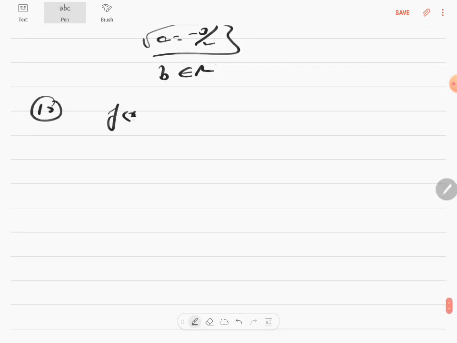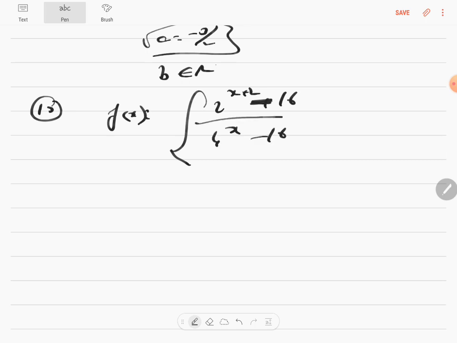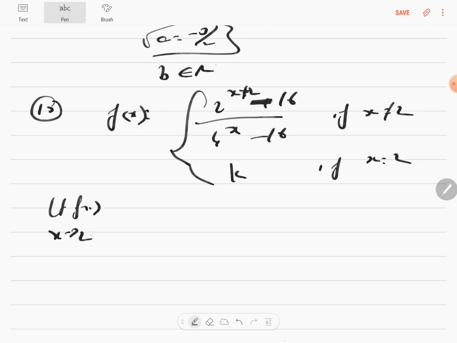F of x is equal to 2 to the power x plus 2 minus 16 by 4 to the power x minus 16 if x is not equal to 2, and k if x is equal to 2. The moment you see this, the limit of f of x as x tends to 2 from the left or from the right, both of them give the same answer.